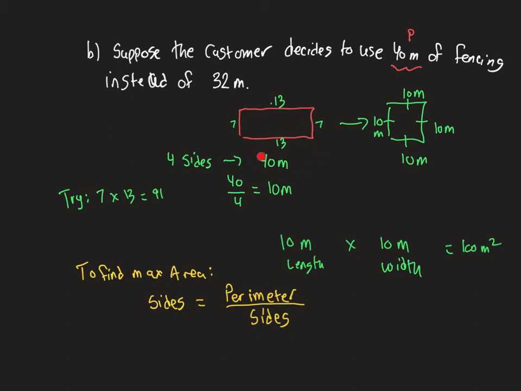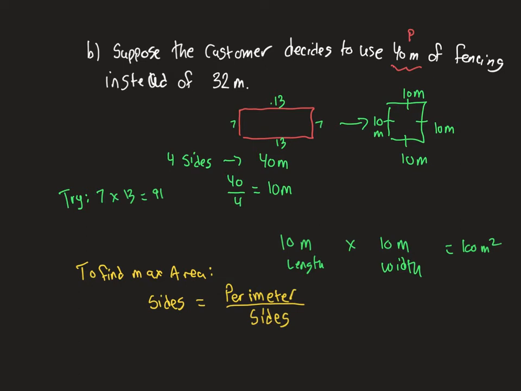Which is what we did here. We took our perimeter, divided by the total number of sides because we want to make a square, and that gave us 10 meters. Okay. Now that's what happens when you want to find a maximization of 4 sides.